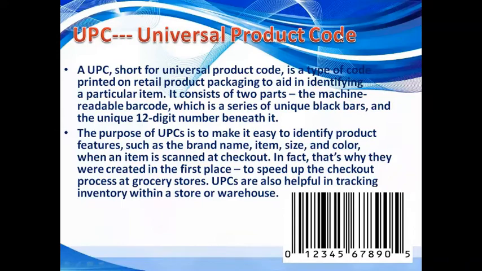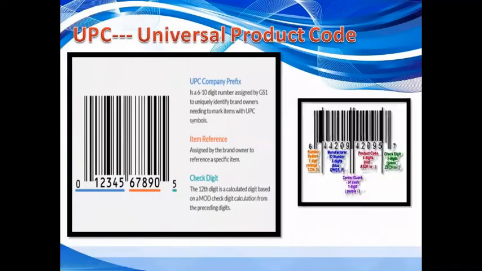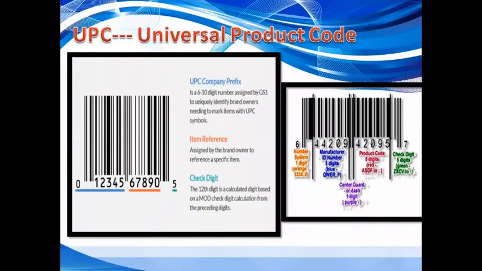So these are the black strips which contain the information regarding the product, and the series of the UPC, Universal Product Code. Here you can check the image of a barcode. This is our barcode and Universal Product Code, and with the help of a barcode reader and scanner we can scan this code.